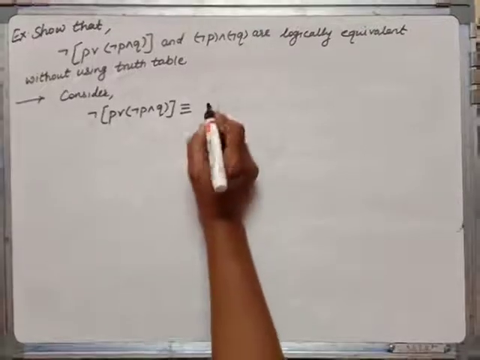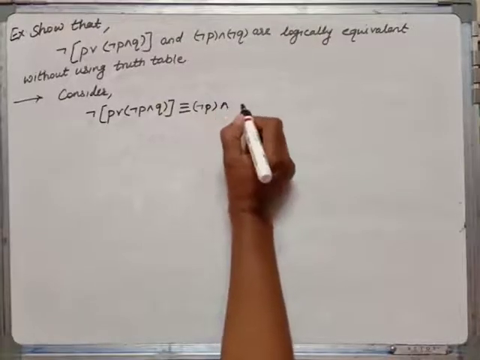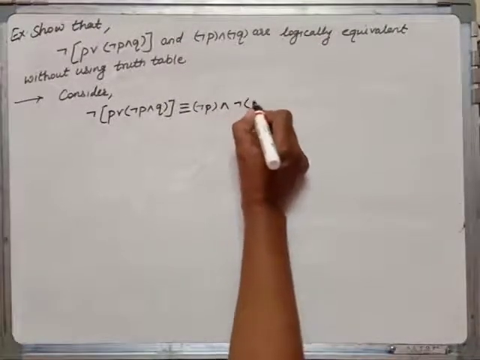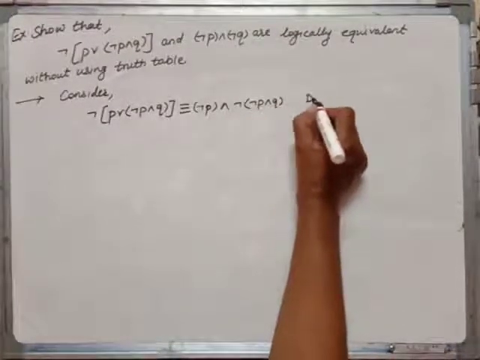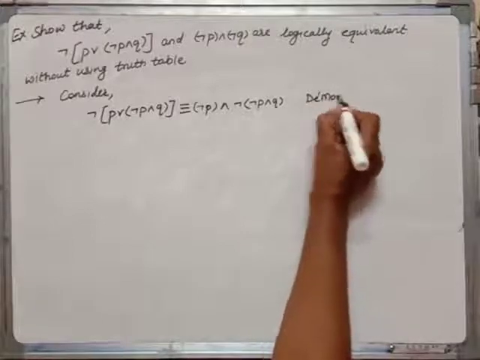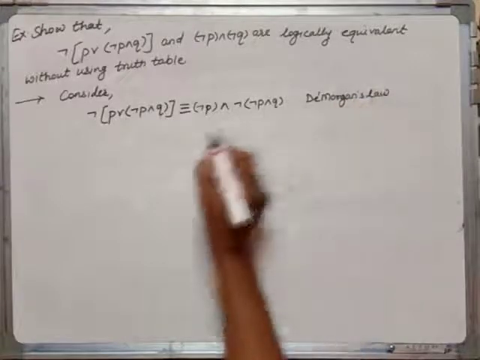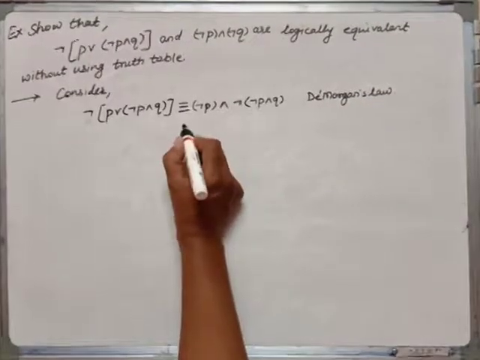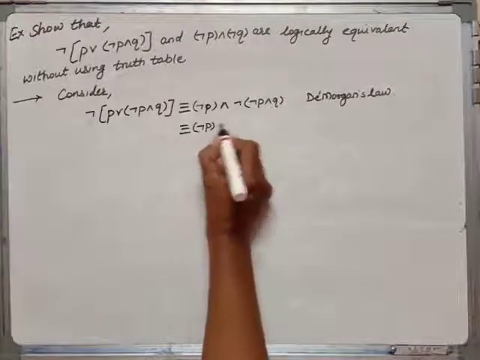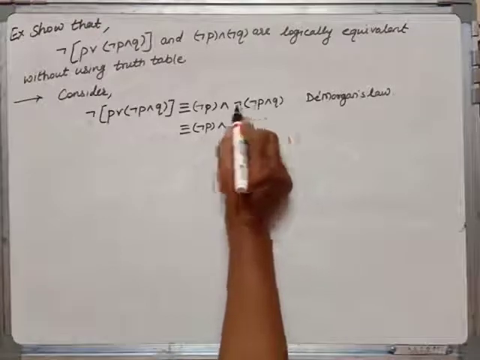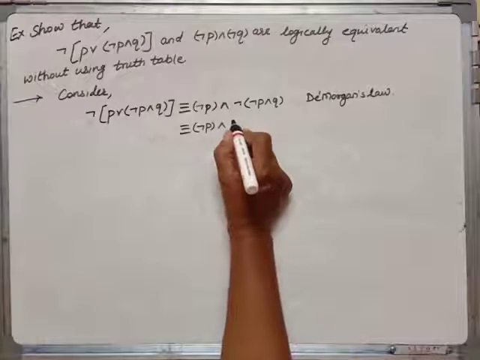So I will get negation P and negation of (negation P and Q). This is by De Morgan's law. Now negation P is as it is, but this negation we can apply again, so there is again a De Morgan's law.